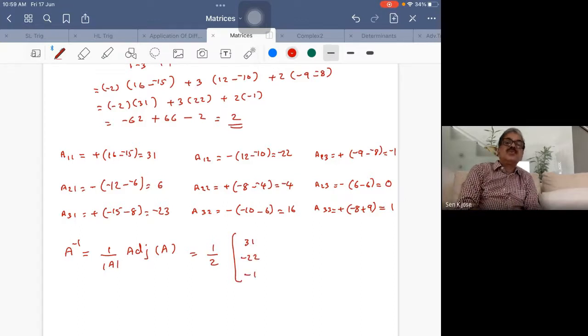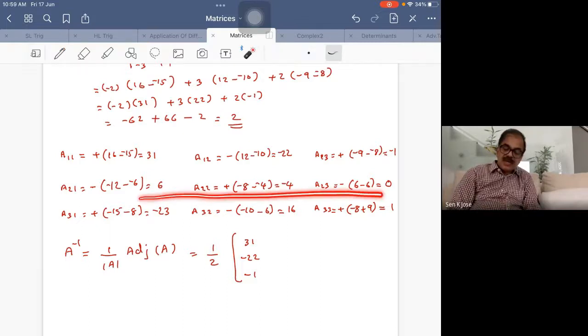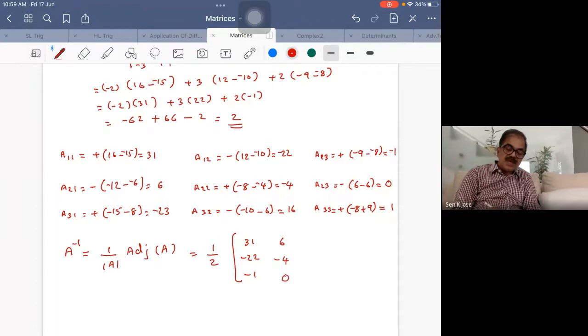Now read the second row and write as the second column. So that is 6, -4, 0. That's very important. You are reading the first row, copying it as the first column. You are reading the second row, copying it as the second column.